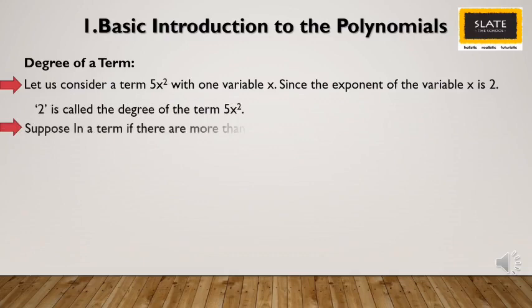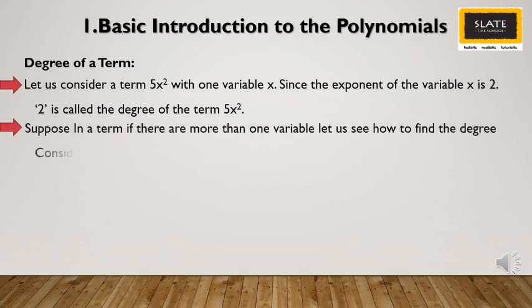Suppose in a term, if there are more than one variable, let us see how to find the degree. Consider one example 5x square y power 3 z power 1, which involves three variables x, y, z.